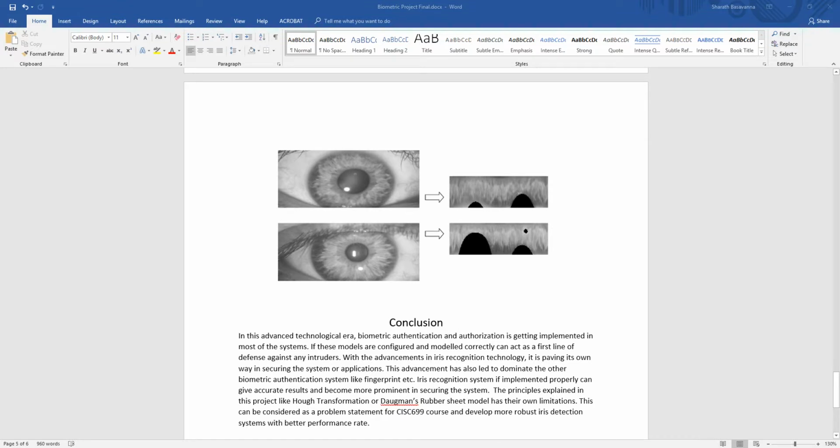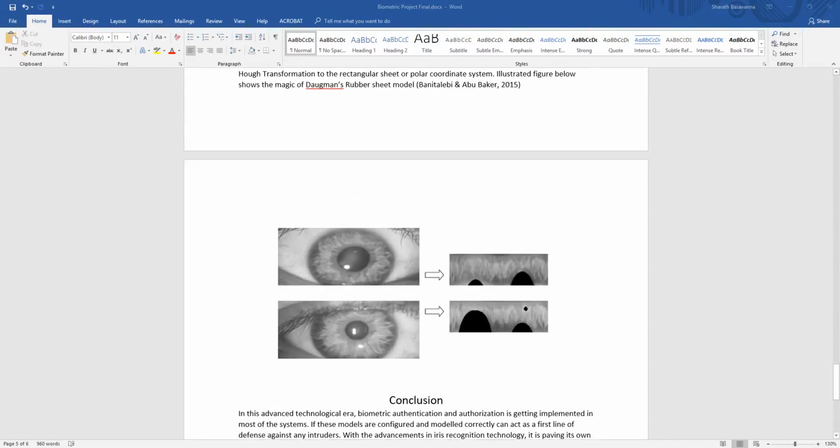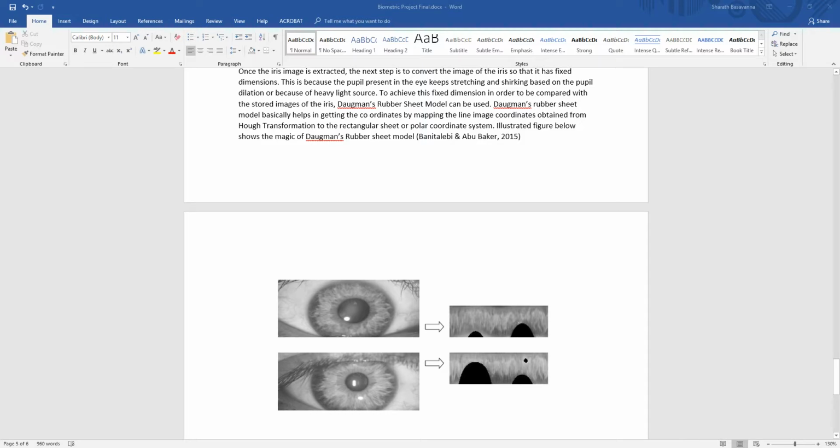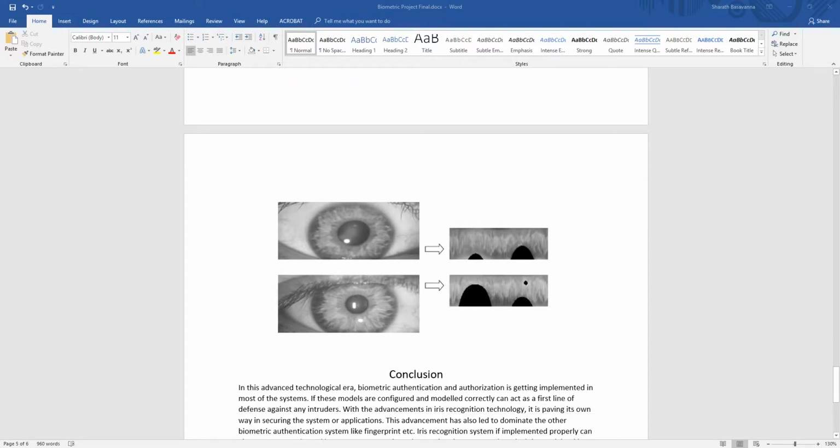So this is the iris scanner system, which I am very much interested in working on as part of my 699 project. It is interesting because there are a lot of shortcomings in the Hough transformation and the Daugman rubber sheet model. All these techniques have their own flaws, so that can be a problem statement, and there will be a workaround for these shortcomings.